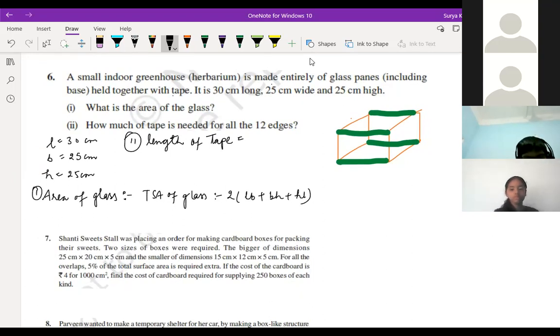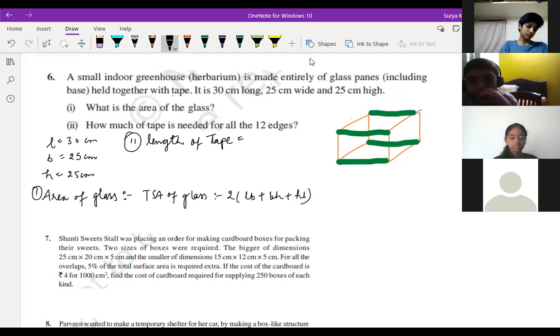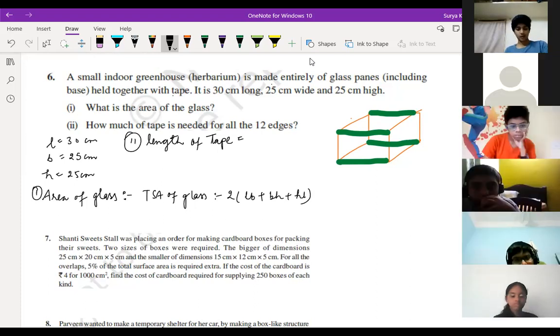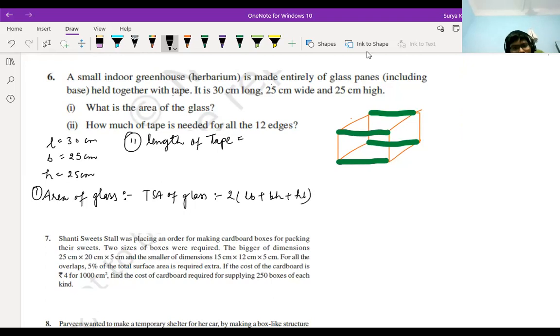Pulastya, what should we write for the length of the tape completely? I can't hear you, Pulastya. Can you get this? See what we are doing. Now can you hear me? You have to use the breadth, and you have to multiply it by 4.